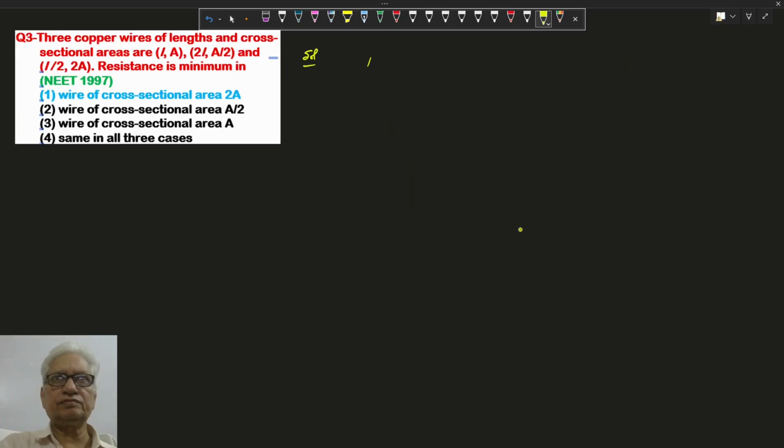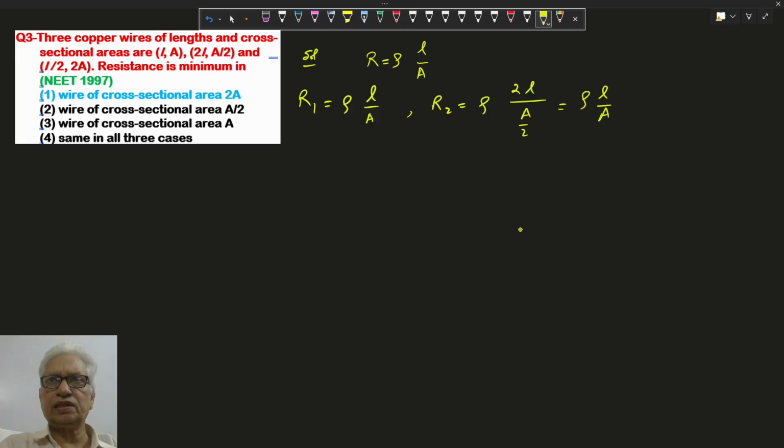In this question we know resistance is rho L upon A. For wire 1 the resistivity is the same, with length L. Second case will be rho, length L by 2 upon area A, which is rho L by 2A. R3 will be rho, length L by 2 upon area 2A, which is 1 by 4 rho L by A. R3 is minimum because it is 1 by 4 of rho L by A, while R1 is maximum, 4 times.